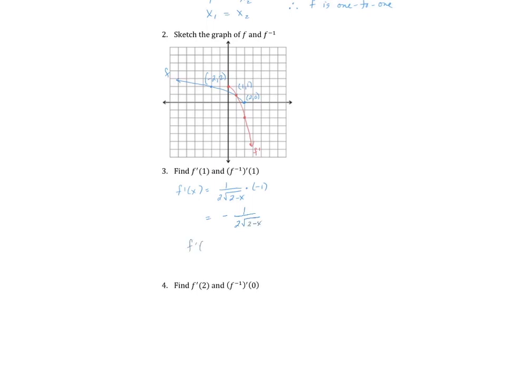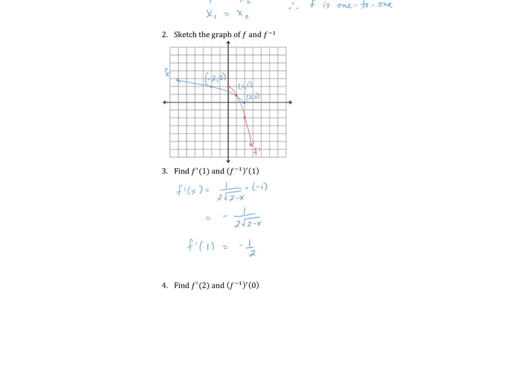So if we evaluate this derivative at 1, it looks like it's just going to be negative 1/2.